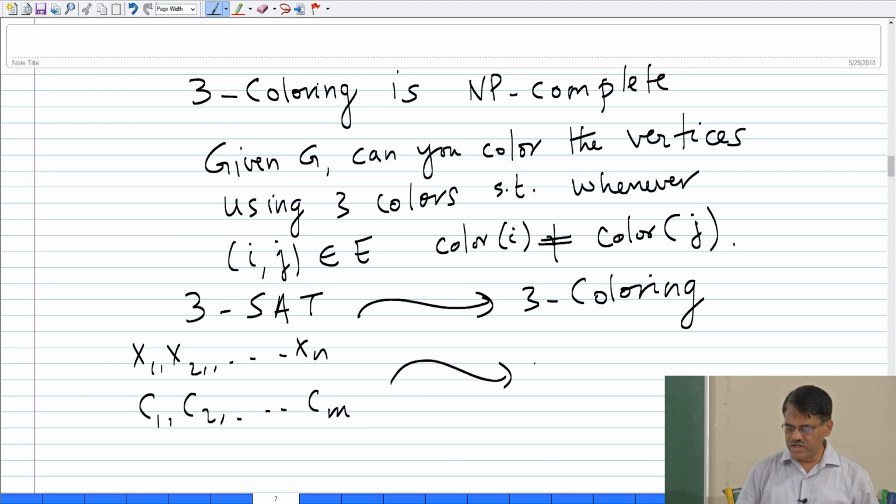And the input here is, what is the input here? A graph. I have to just get a graph, right? So this graph is going to have a lot of triangles. So you need at least 3 colors, but 3 colors may not be enough. And we will construct the graph in a way that it is 3 colorable only if this formula is satisfiable.